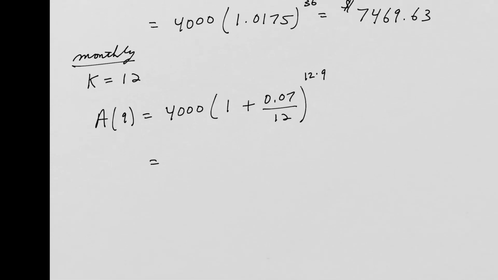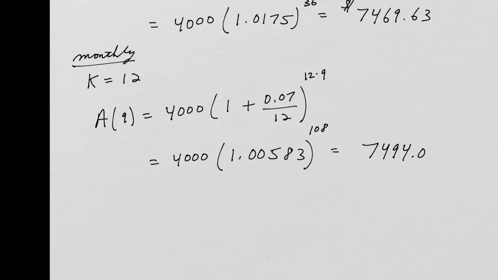So this is equal to 4,000 times, I rounded this, 1.00583, and then 12 times 9 is 108. In this case, you're going to get $7,494.03.